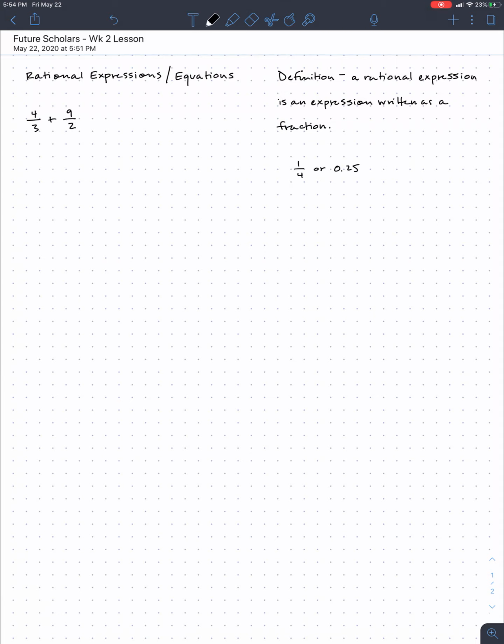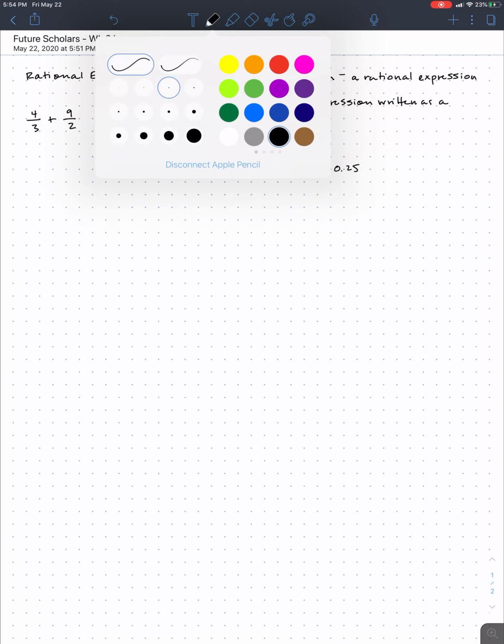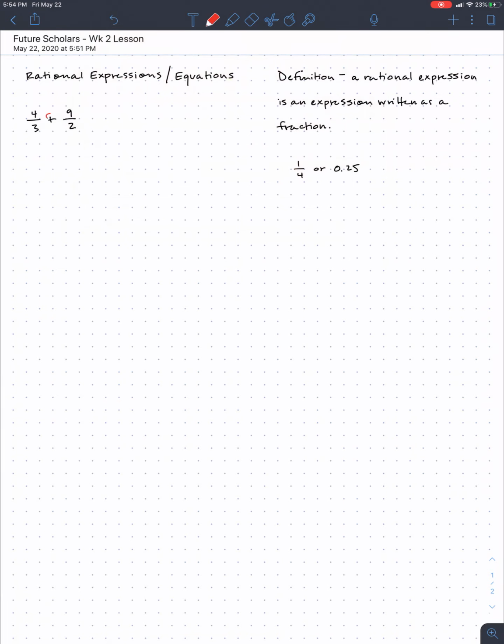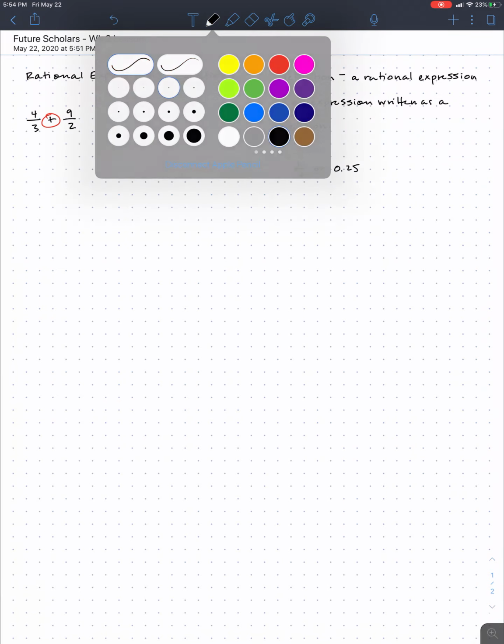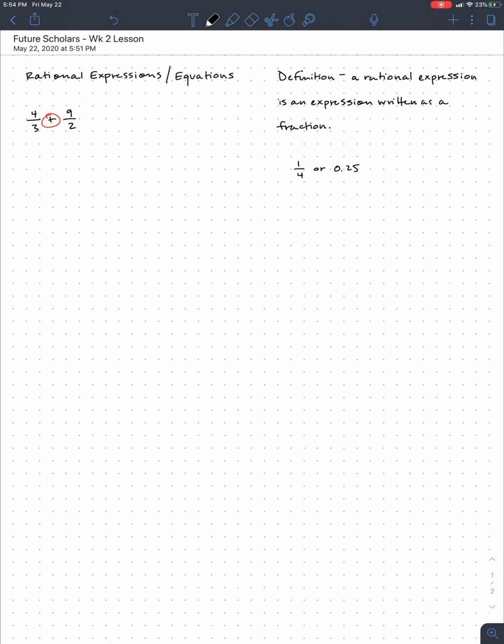And we see something like this, 4/3 plus 9/2. And I'm asked to add these two things. And if you remember that in order to add these two things, I need what we call a common denominator.